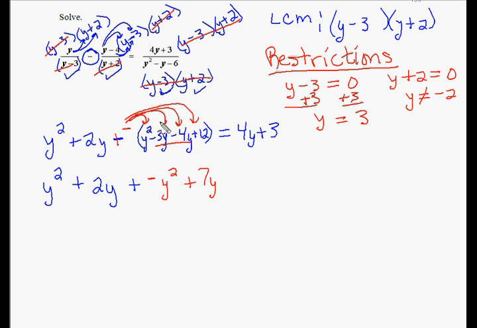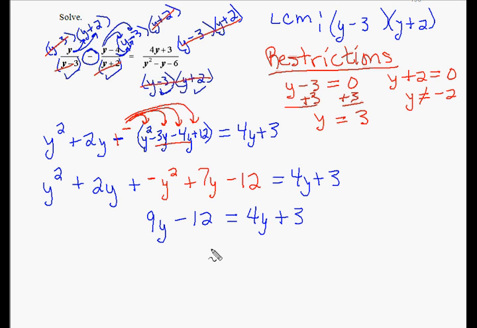And that positive 12 being multiplied by the negative gives you negative 12, is equal to 4y plus 3. Let's combine like terms. Adding a y squared and a negative y squared is 0. Adding a positive 2y and a 7y is 9y. And then we have a negative 12 is equal to a 4y plus 3.